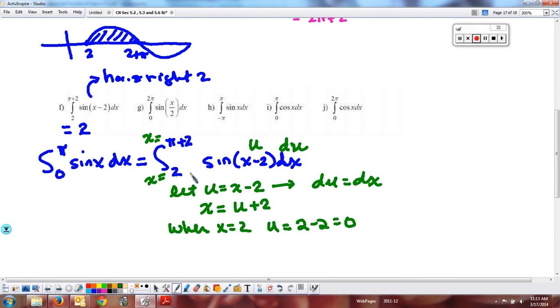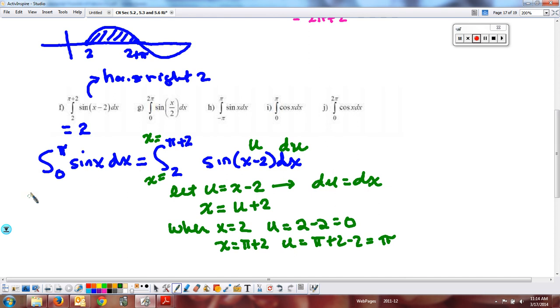So my new bound on my integral by doing this substitution would be 0. When x equals pi plus 2, my u, which would be x minus 2, would be pi plus 2 minus 2, or pi. And you can see that by undoing the transformation, you're undoing the u substitution, you get back to this 0 to pi.